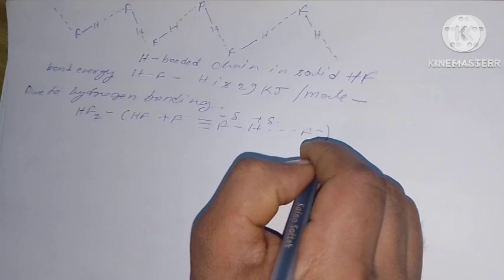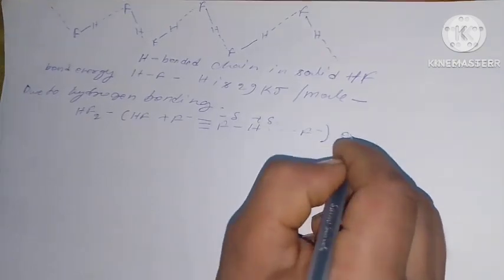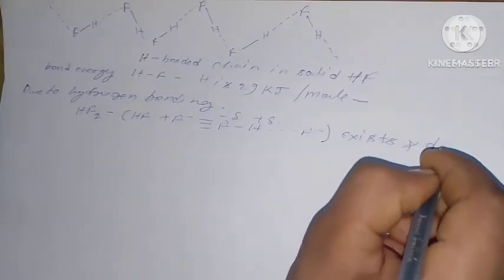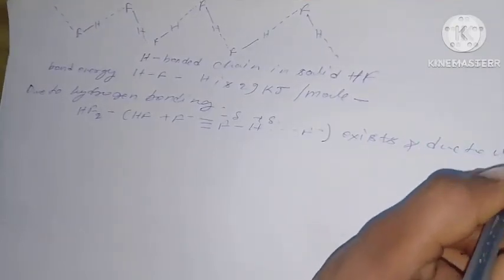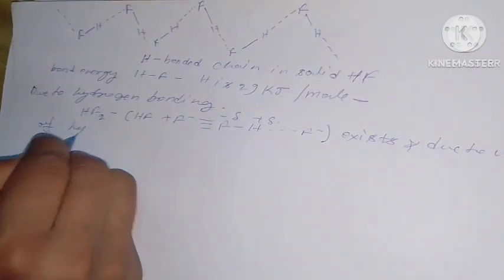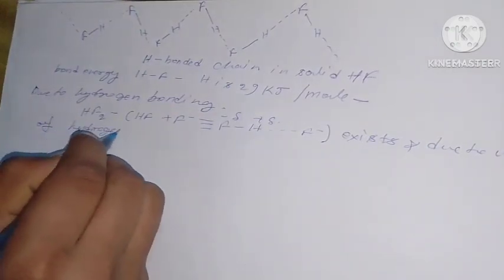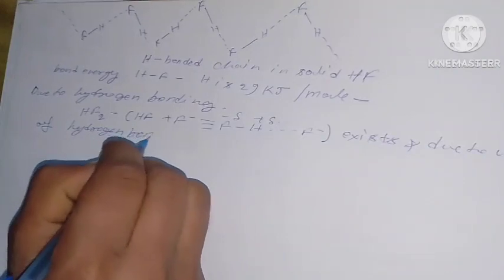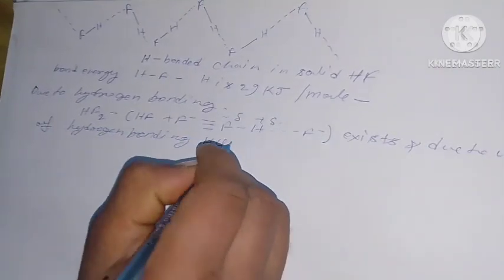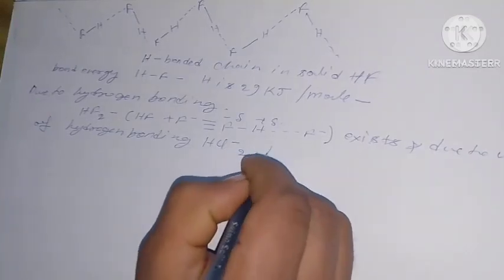And due to lack of hydrogen bonding, HCl2 negative does not exist.